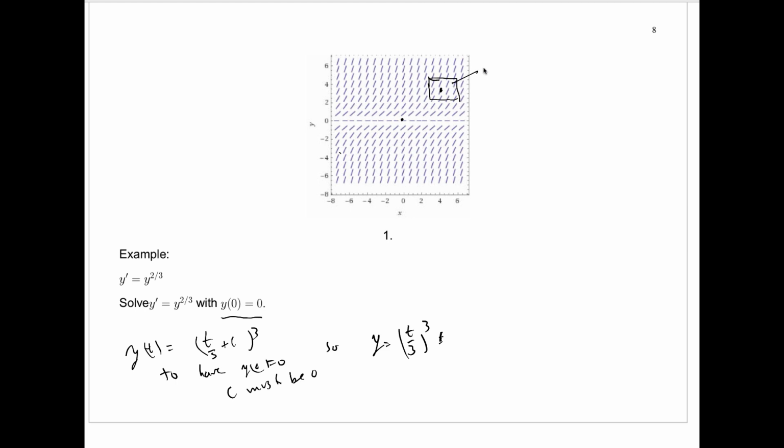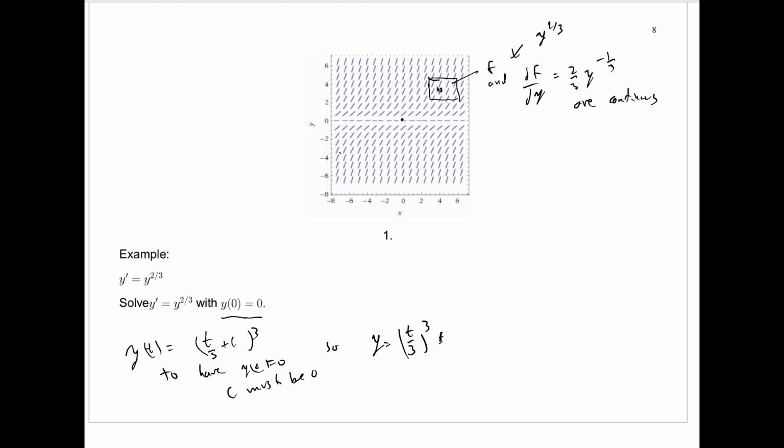On this rectangle, both f, that's y to the 2/3, and df/dy, which again was 2/3 y to the minus 1/3, are continuous. So on this rectangle, both f and df/dy are continuous.